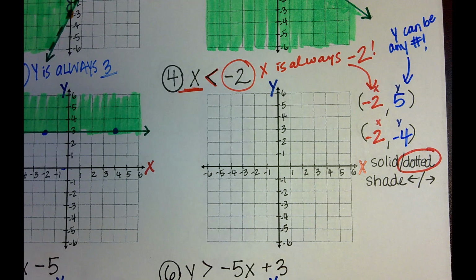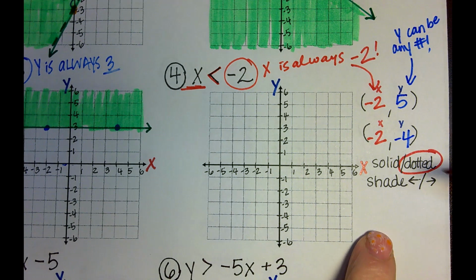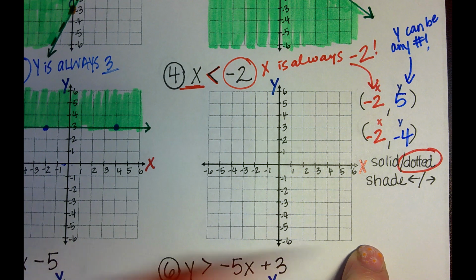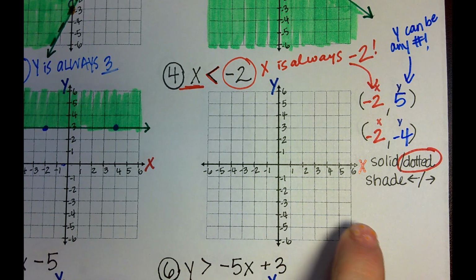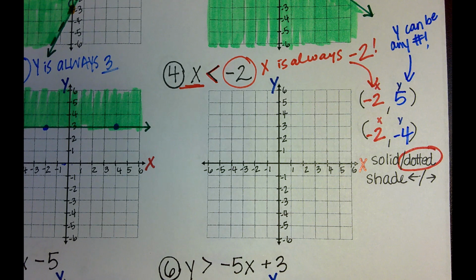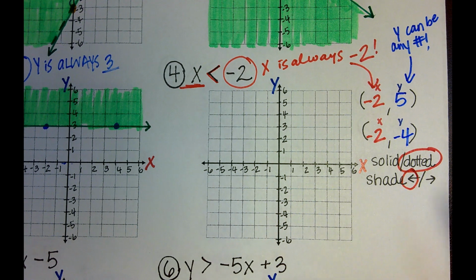It won't be possible. We have to choose to either shade to the left towards the negative numbers or to the right towards the positive numbers. So if x is less than -2, do you think we're going to shade to the left or the right? Left. Good. Less than is to the left.